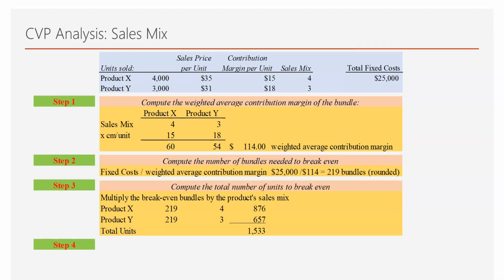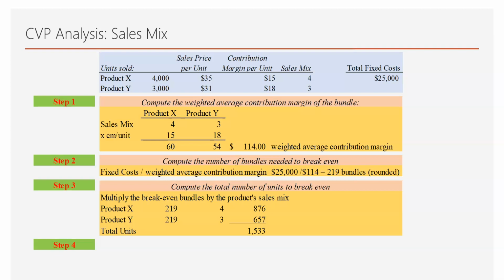And in each bundle of 7, I'm going to have 3 units of product Y. So I'm going to take my break-even bundles needed times the number of units of Y being sold within that bundle, and that will give me 650 units.